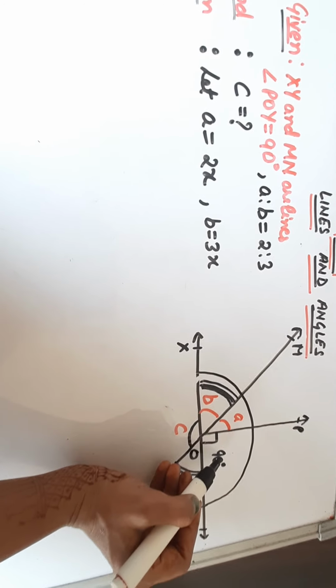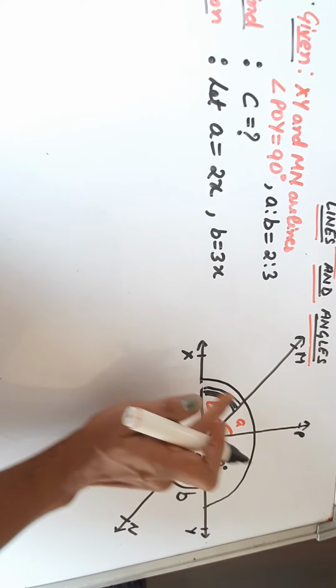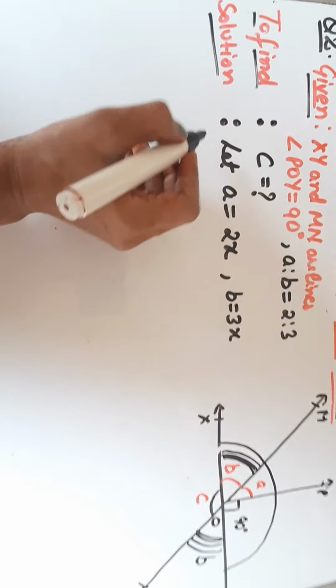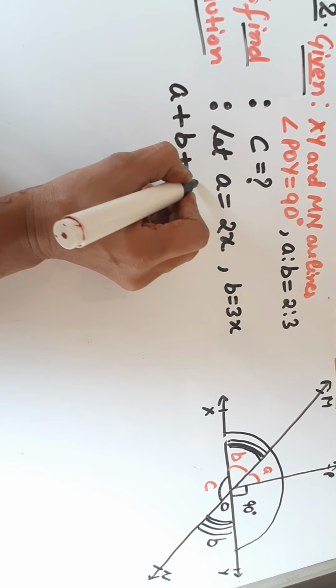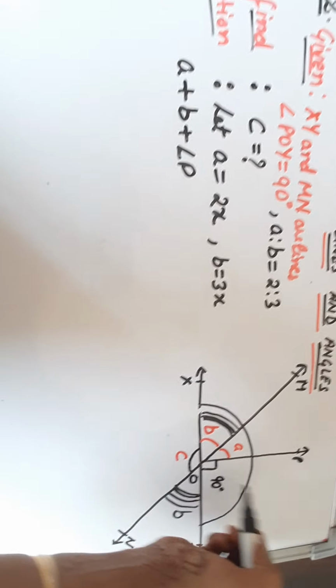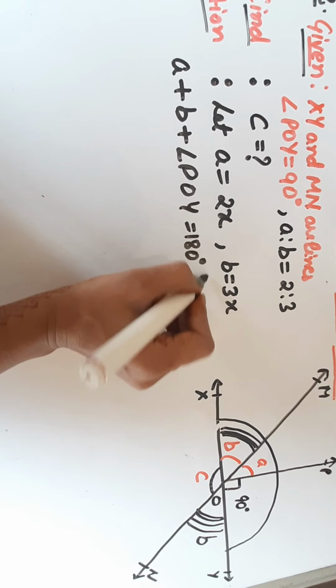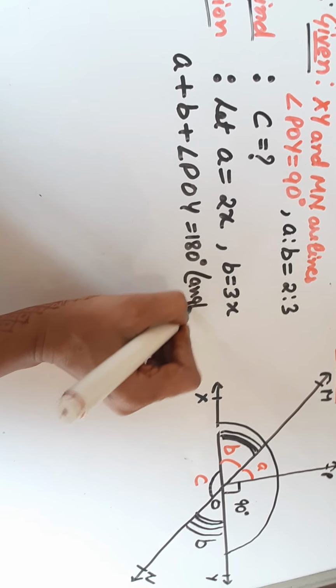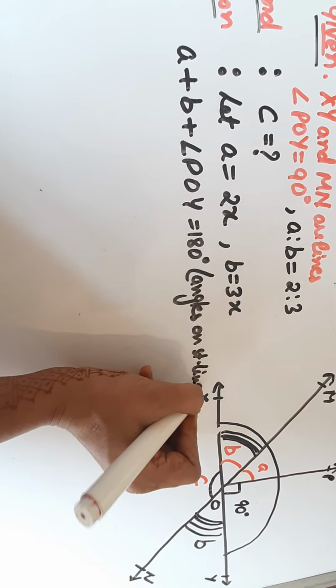Now angle A plus B plus 90 degrees, they are forming a straight angle on the straight line XY. That means their sum is 180 degrees. So let us take A plus B plus angle POY is equal to 180 degrees. Angles on a straight line, or linear pair on a straight line, right?